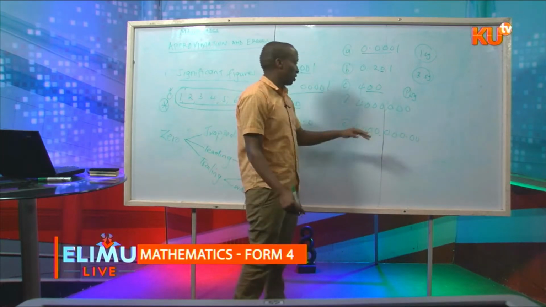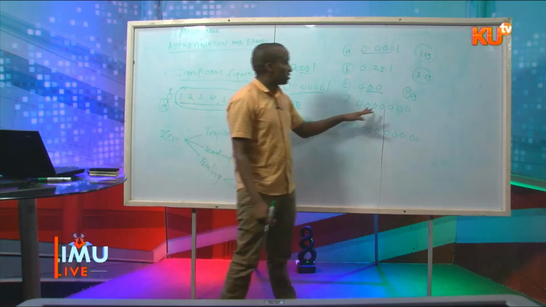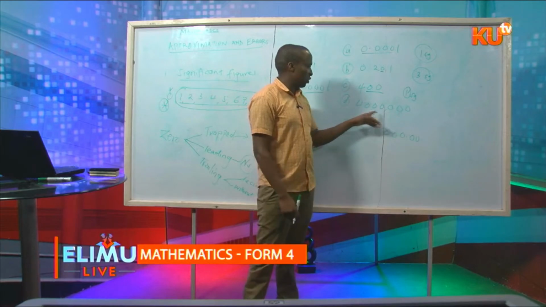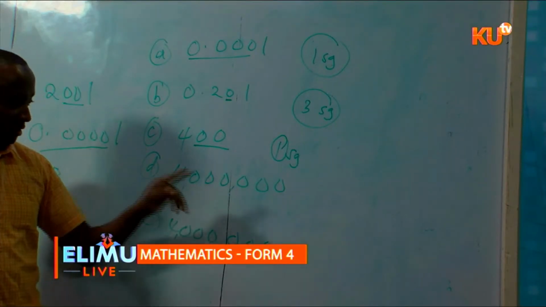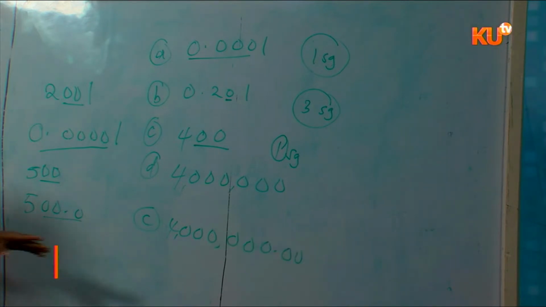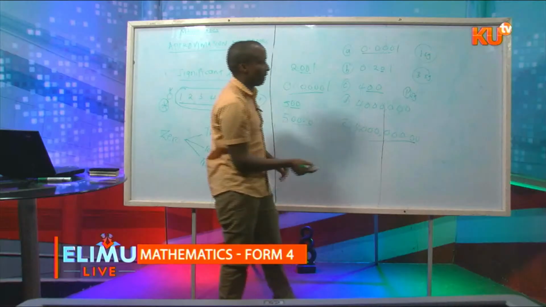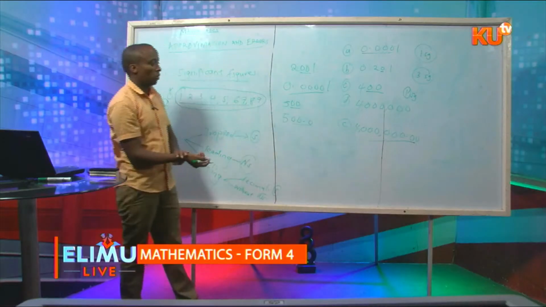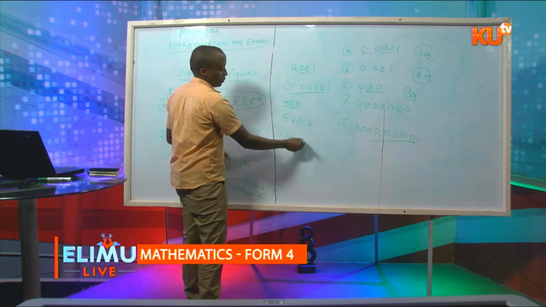Come to our fourth example, 4 million. You just have 4 million without a decimal point here. These 6 zeros are trailing zeros. They will not be significant. But when I have 4 million.00, now these become significant. That's why when we write our Kenyan money, we have 100 bob.